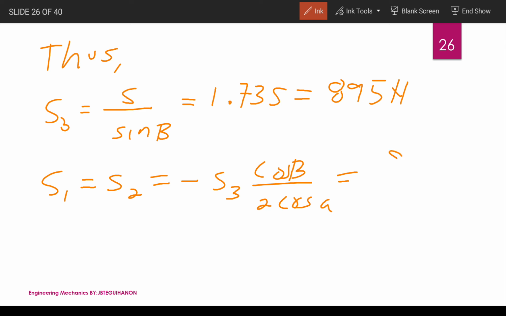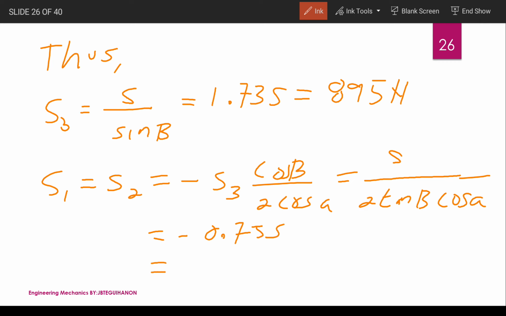S, pwede rin 2 tangent beta times cosine alpha, and that's gonna be equal to negative 0.75 S, or that is equal to negative 388 Newton.